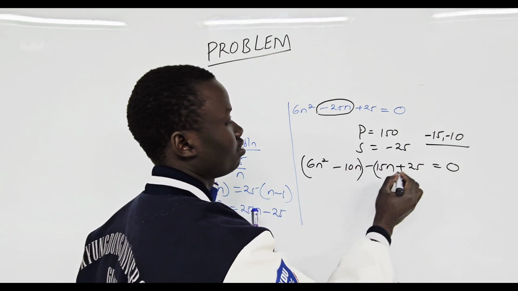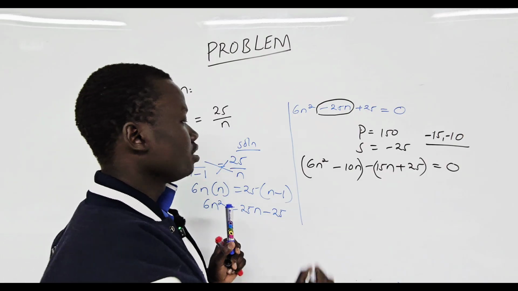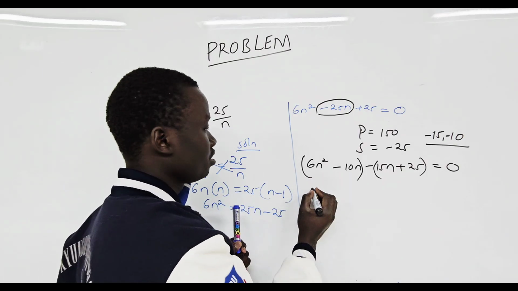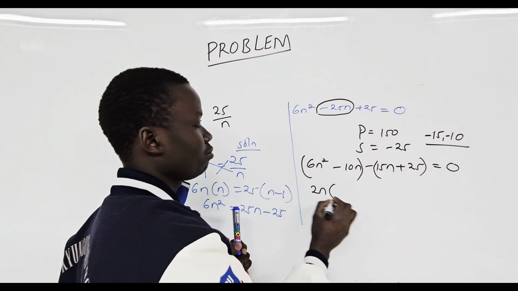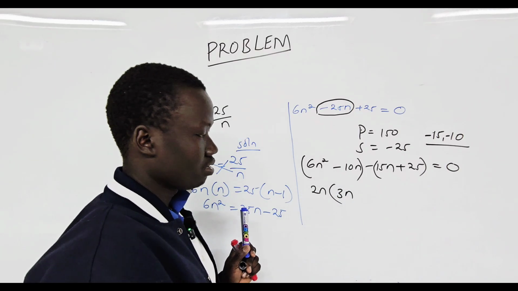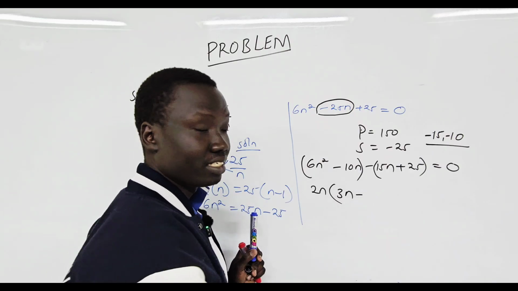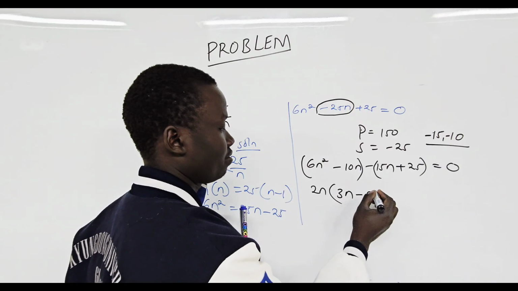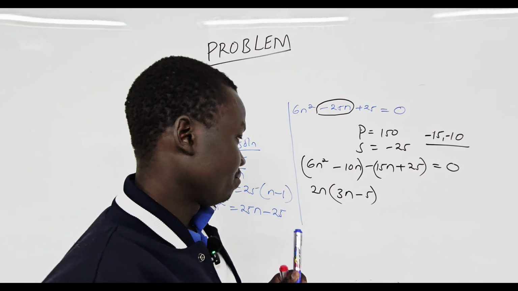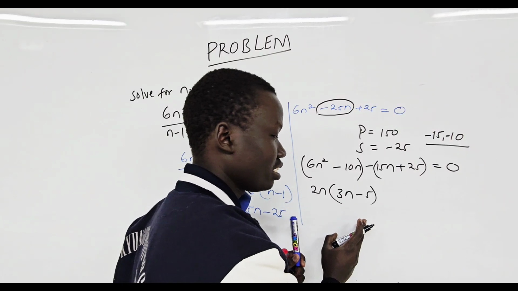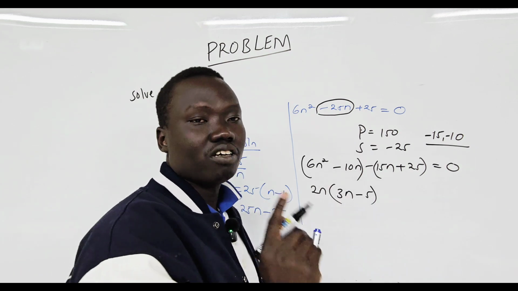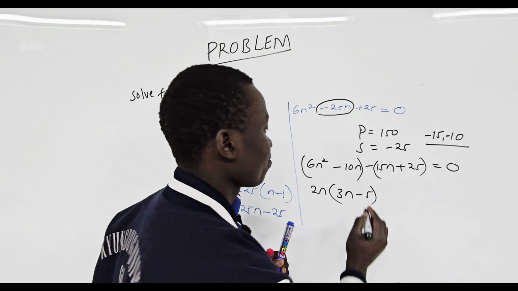Now we are going to factor out the common term. The common term here is 2n. If we factor out 2n, we'll be left with 3n minus 5. What you should keep in mind is that the brackets should be the same. If the brackets are different, that means your factorization has a problem.